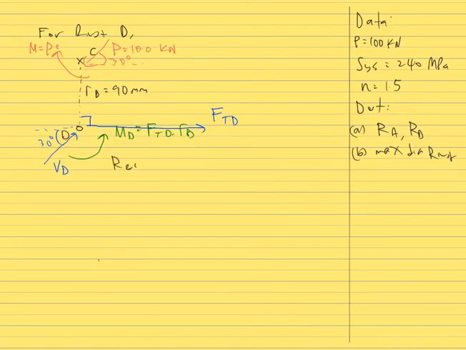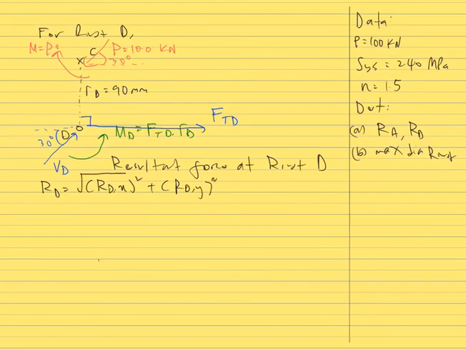So resultant force at rivet D, RD is equal to RD on X square plus RD on Y square root. But first we need to resolve the VD into Y and X component.